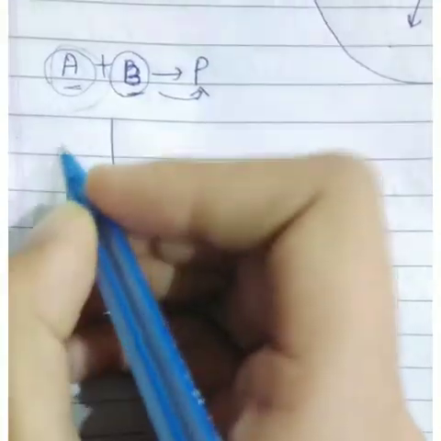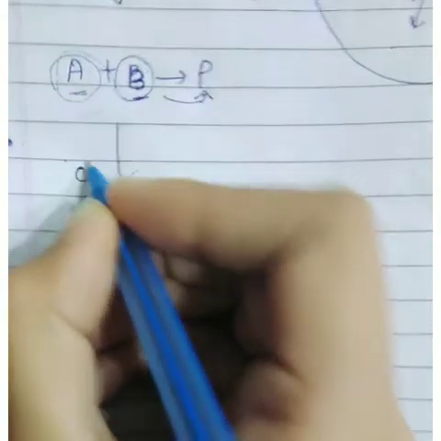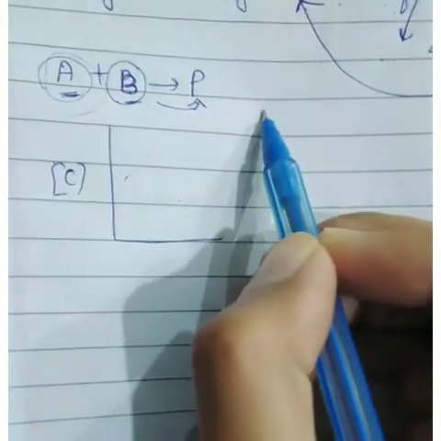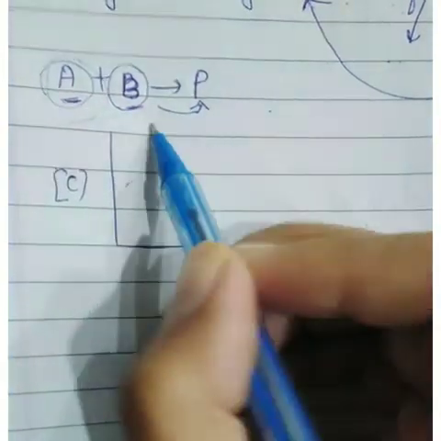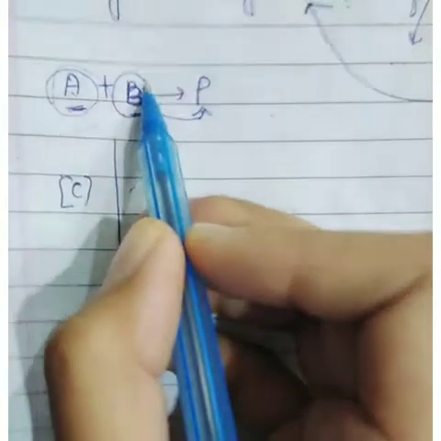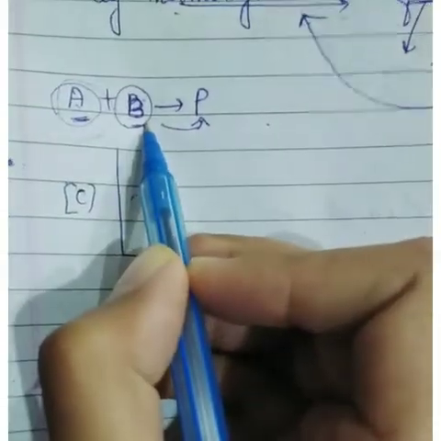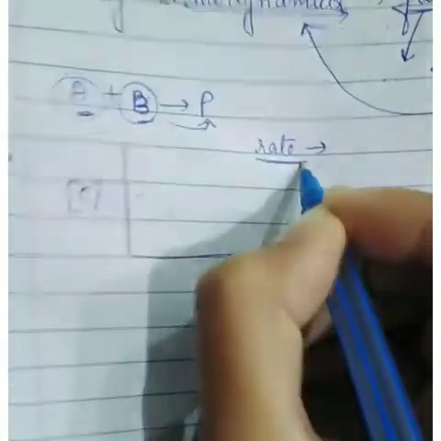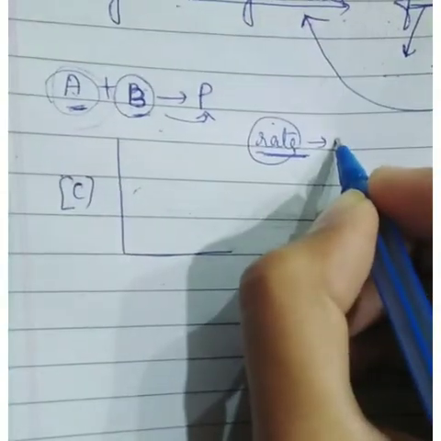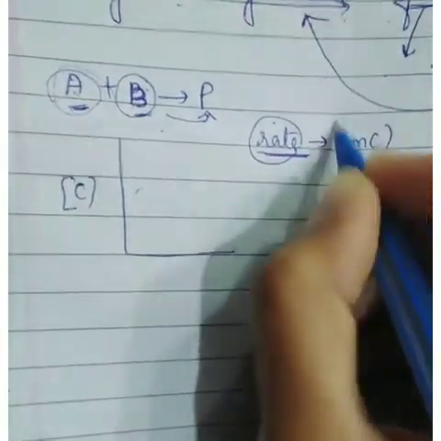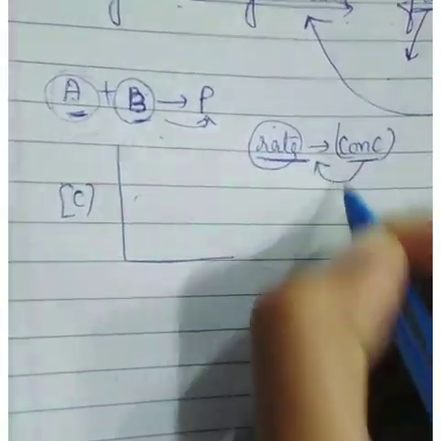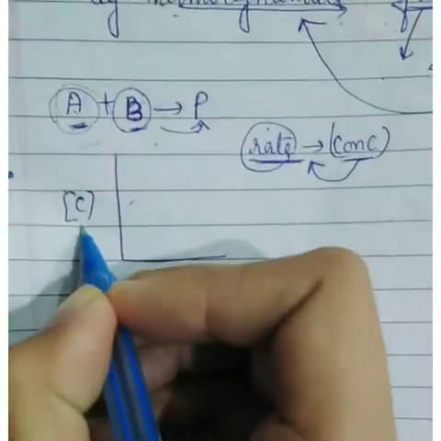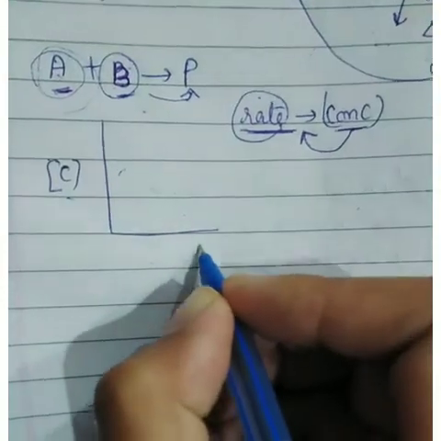Here we take the concentration, because we are dealing with the rate, and rate is something with respect to time. The concentration is changing with respect to time, and that is the rate. So here we take the concentration, and here we take the time.